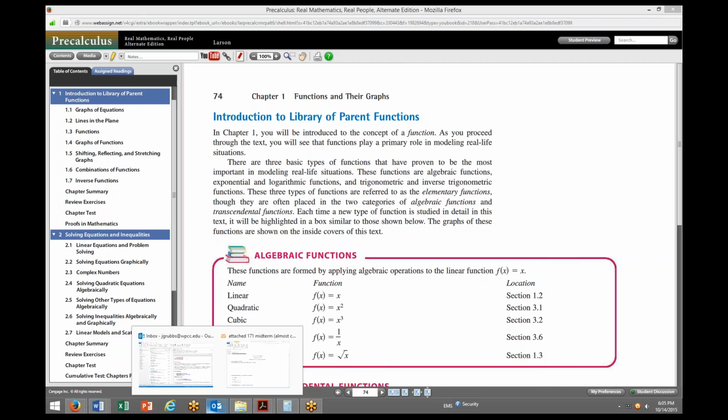Okay, moving on to chapter 2. What should you be prepared for? You should know, of course, chapter 2 is all about solving equations and inequalities. So essentially, that's what you should be prepared for. The kinds of equations and inequalities that you saw in your homework problems and in the lab.